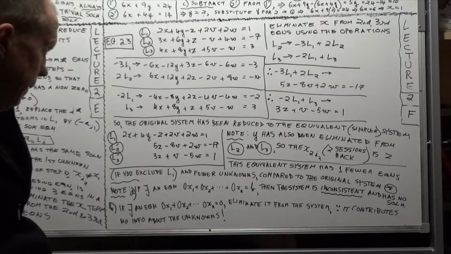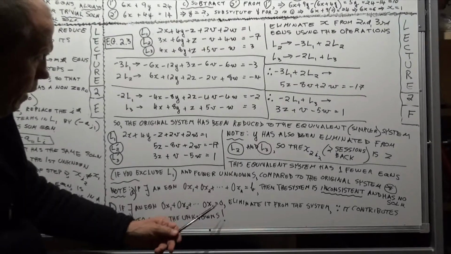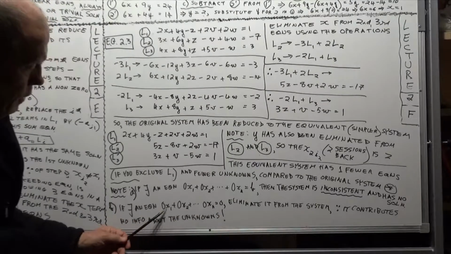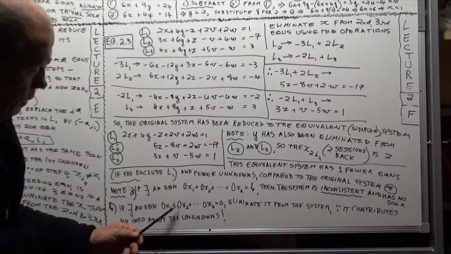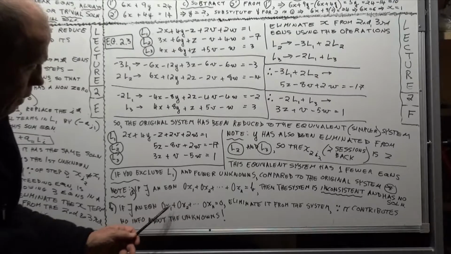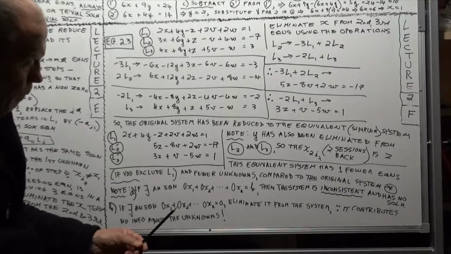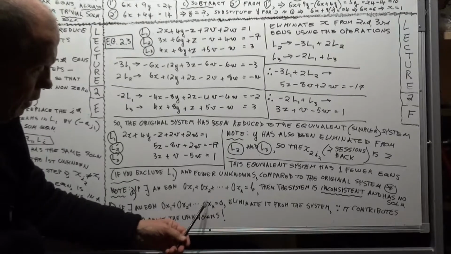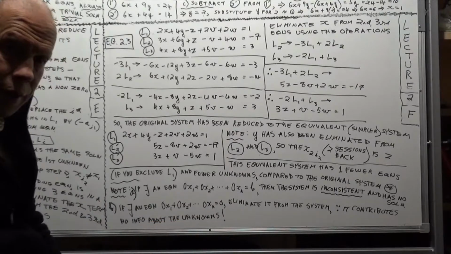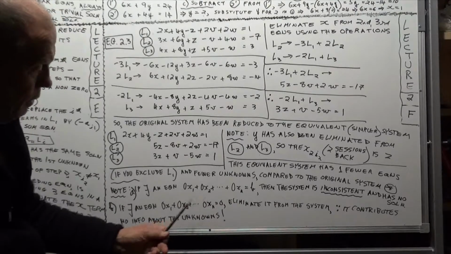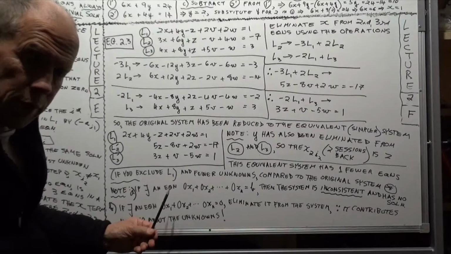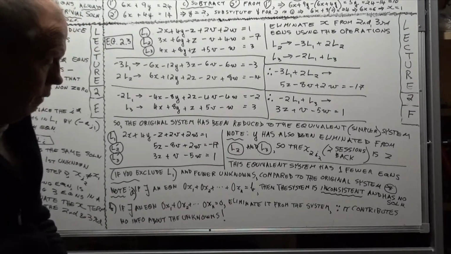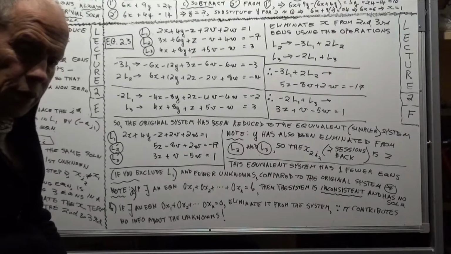Now, another possibility you may end up getting is that the left-hand side is 0, so all these coefficients end up being 0, and you've got 0 on the right-hand side as well. When you end up with 0 equals 0, just throw out that equation.